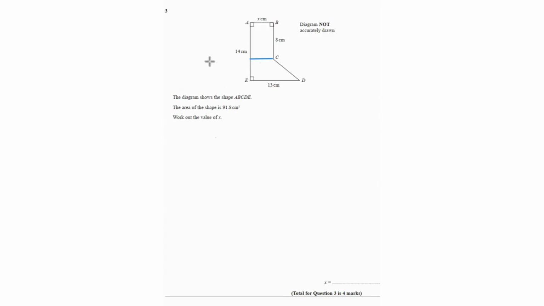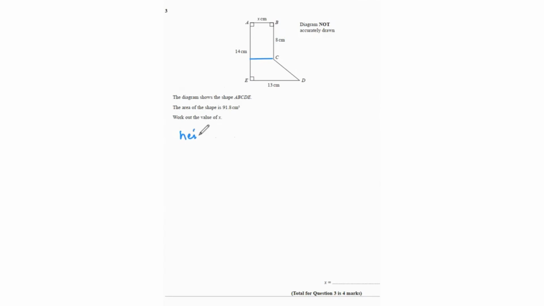So if I split it horizontally, we have a rectangle and we have a trapezium. So for the rectangle, we can see that AB is x, BC is 8, AE is 14. So if we subtract BC from AE, that gives us the height of the trapezium.